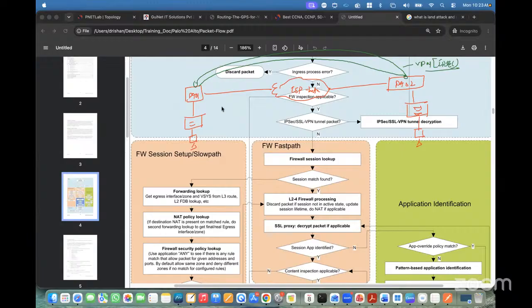So what is going to happen? If any packet comes this way, via VPN, it is going to be fully encrypted. So for this packet, the firewall will behave differently if this is an IPsec packet. But might be you are just trying to do reachability from this interface to this interface.